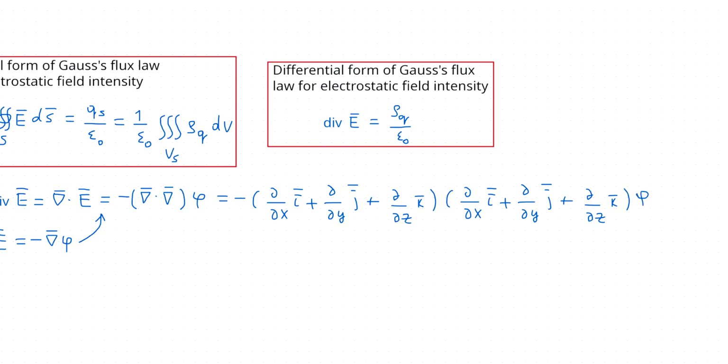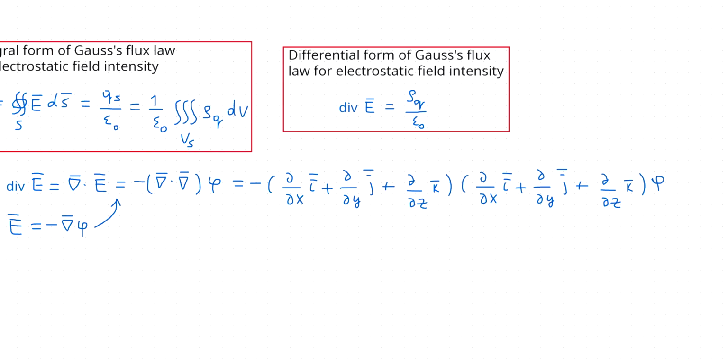Okay, and if we remember some properties of i, j, k, of these orts of coordinate axes, we will have that the scalar product i and i is equal to j and j, and this is equal to k and k, and this is equal to 1.